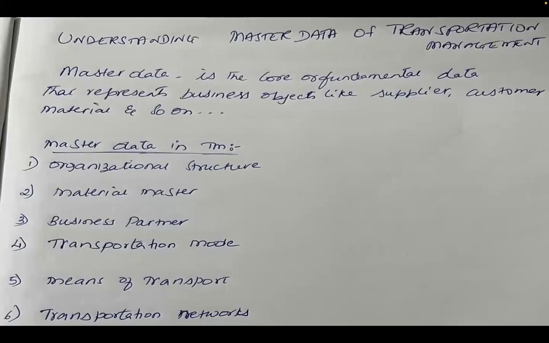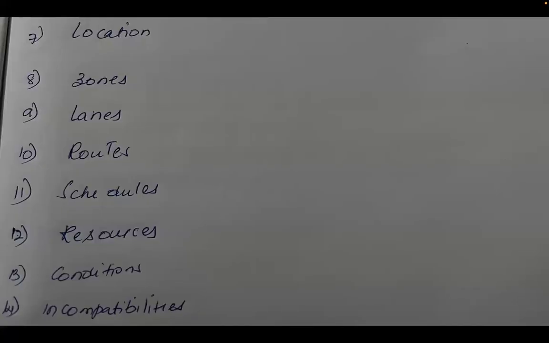Then we have transportation networks, which act like a connection that helps movement of material from the origin place to the destination place. And then we have location. Location specifies spaces like warehouses, ports, or distribution centers. And then we have zones. They are the predefined geographical areas that help in planning and managing the transportation activities.